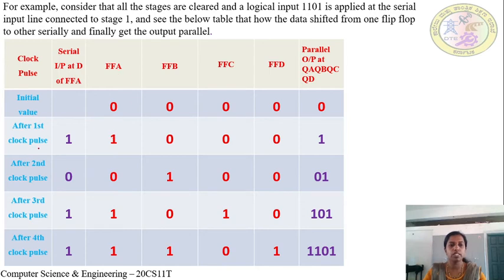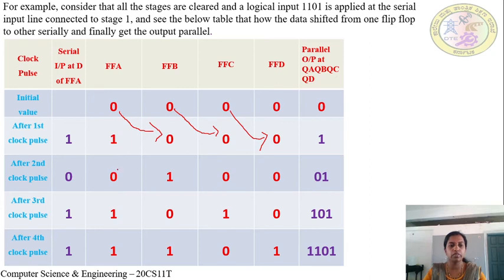After the first clock pulse, the previous data of FFA will be shifted to FFB, the previous data of FFB will be shifted to FFC, and the previous data of FFC will be shifted to FFD. So at the QA output of FFA, we get the bit 1. Next, the second bit, 0, is given as the input for FFA.